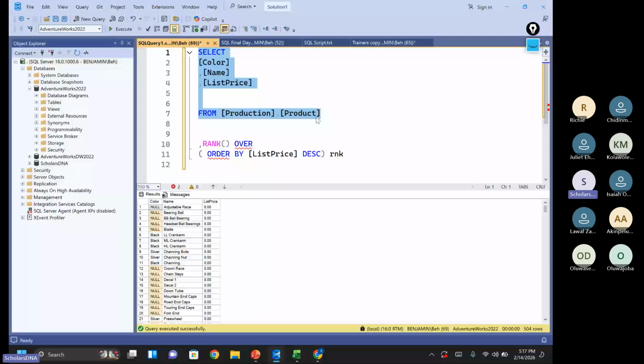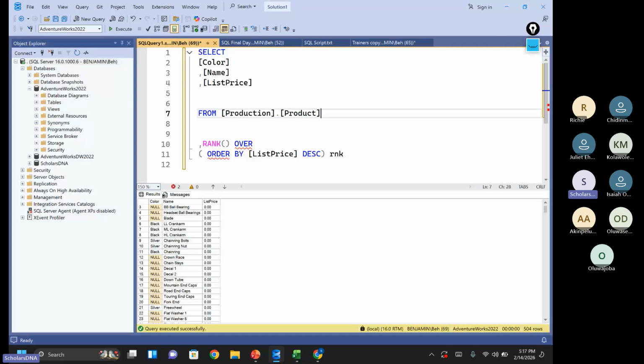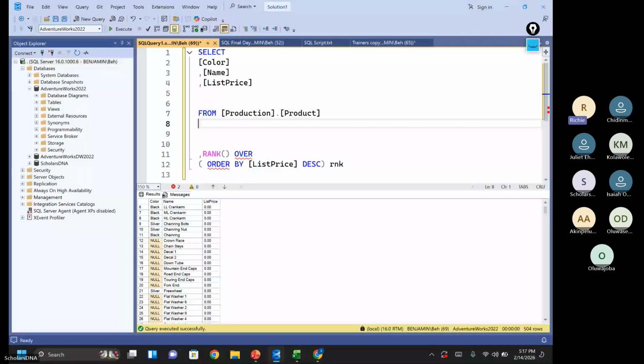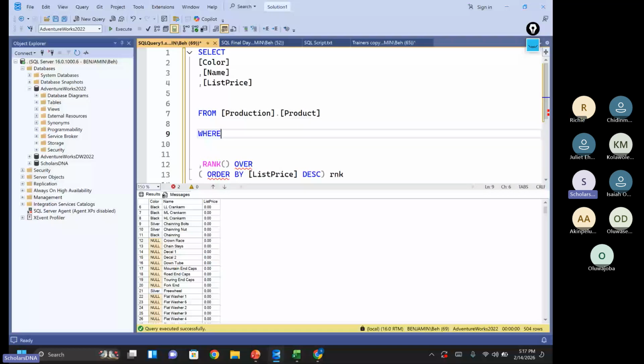We want to eliminate the zero list prices, so let's add where list price is not equal to 0, so that we can take away the zeros. With this, we can eliminate a large amount of numbers. Good.